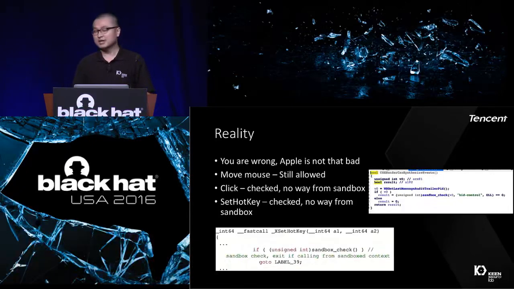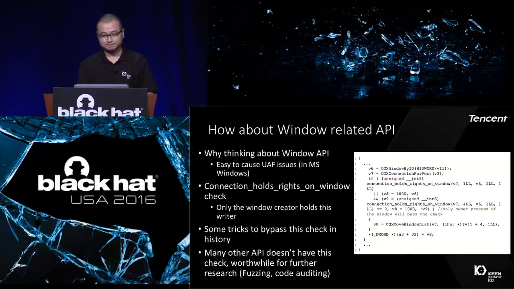But we found that we were wrong, because Apple is not that bad. The move mouse operation is still allowed from a Sandbox app. But if we do a click, then you can find it checks for some entitlement, and most Sandbox apps don't have the HID control entitlement, so it is blocked. And also the same situation for set hotkey.